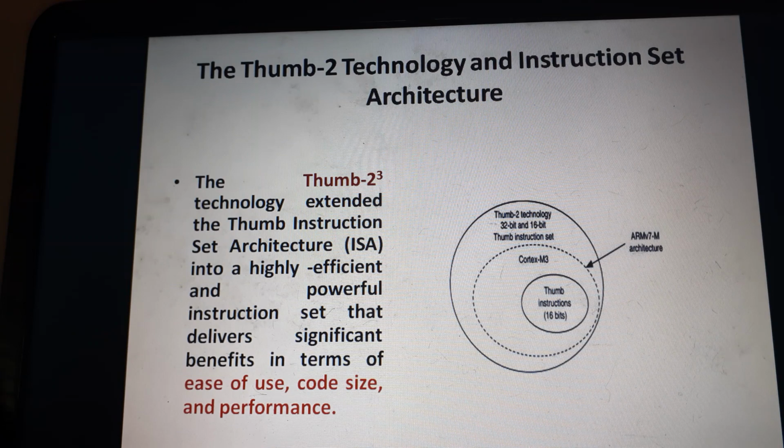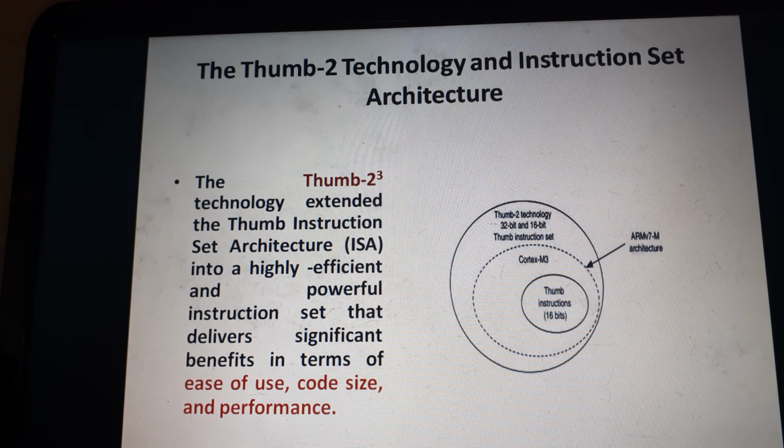So in traditional ARM processors, one requirement is to reduce the memory requirement, which is one feature portable devices expect.